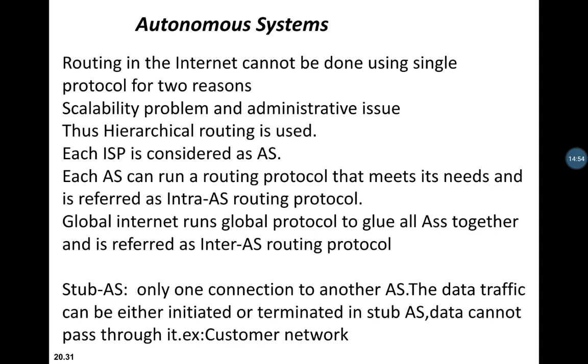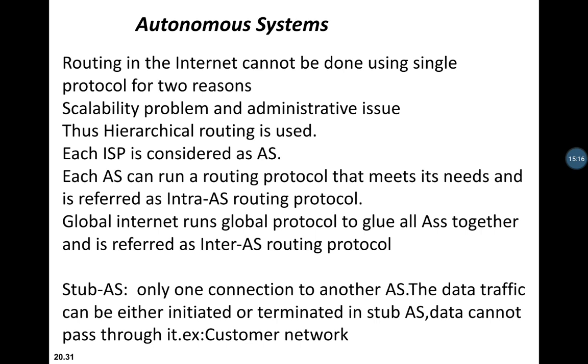Here, each internet service provider is considered as an autonomous system. Each autonomous system runs the routing protocol that meets its demands, and it is referred to as intra-autonomous system routing protocol.